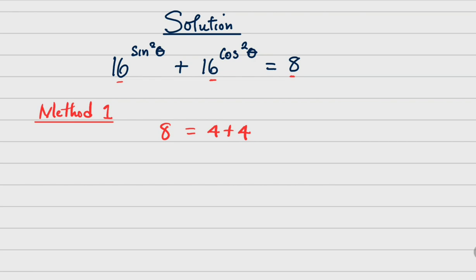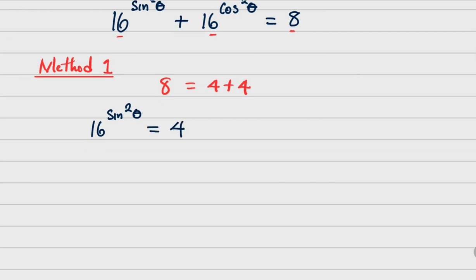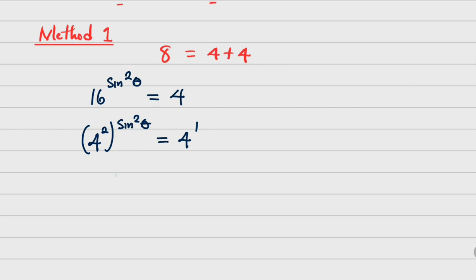So we can now make it this way. I'll pick the first one. 16 raised to power sine square theta should be equal to 4. So that I'm going to have 4 raised to power 2 sine square theta should be equal to 4 raised to power 1.